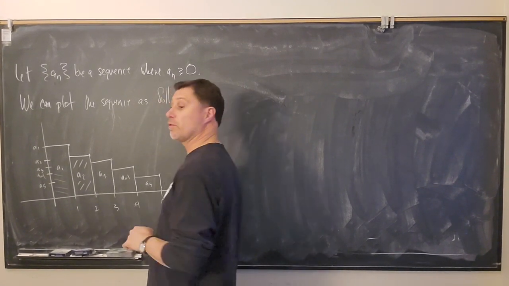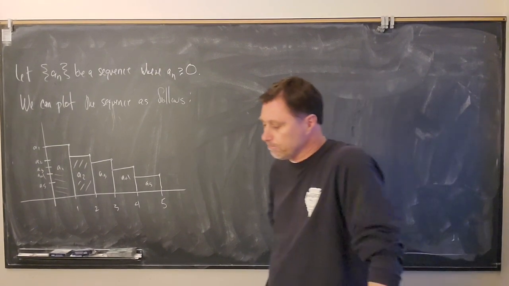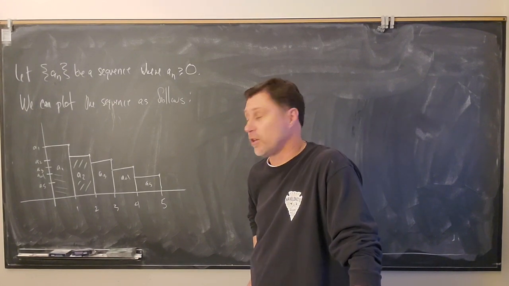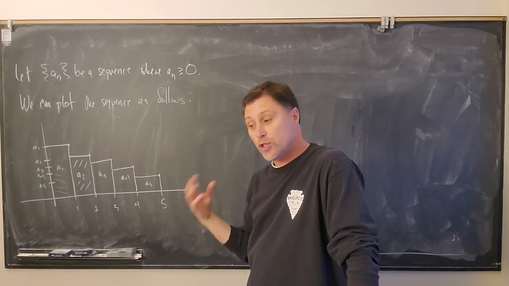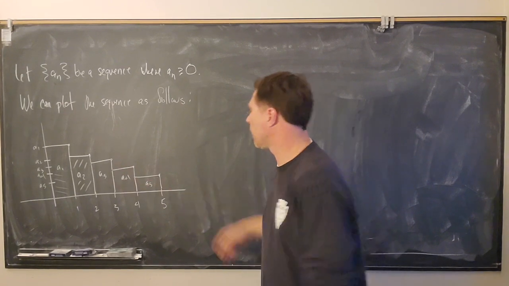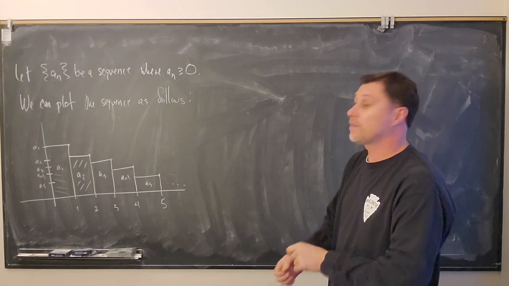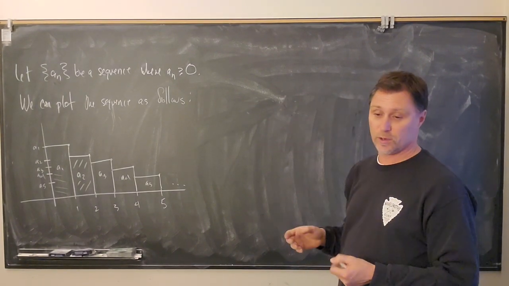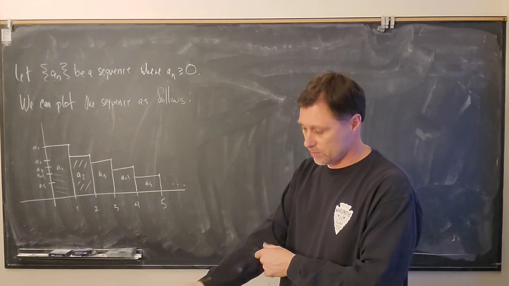This should make you think of Riemann sums, right? If you wanted to find the sum of the series, by adding up all the terms of that series, you could do that by adding up the areas of all of those rectangles. And this is going to go on forever, remember. If the sum of the areas of the rectangles converges, then the series converges. If the sum of the rectangles diverges, then the series diverges.